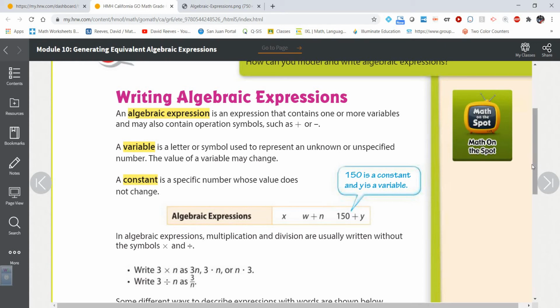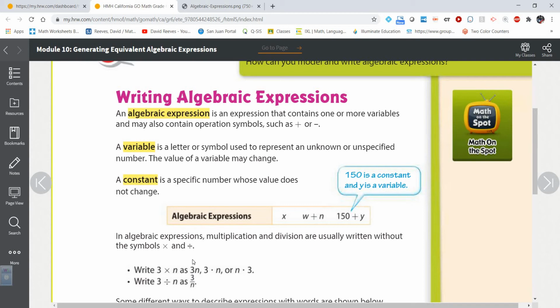All right, and finally, the third component of an algebraic expression is an operation. Remember, operations are things we do to numbers like adding, subtracting, multiplying, and dividing. Now you'll notice that in an expression, we don't use an x anymore for multiplication because x's represent variables.